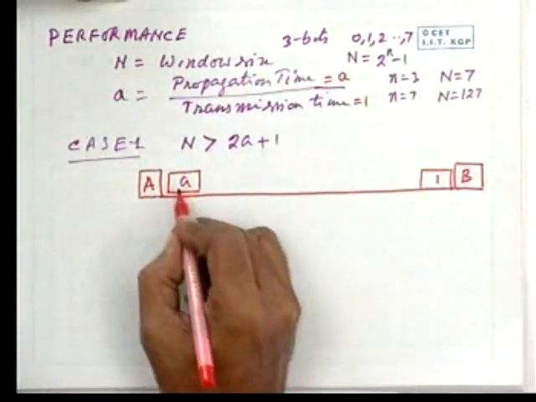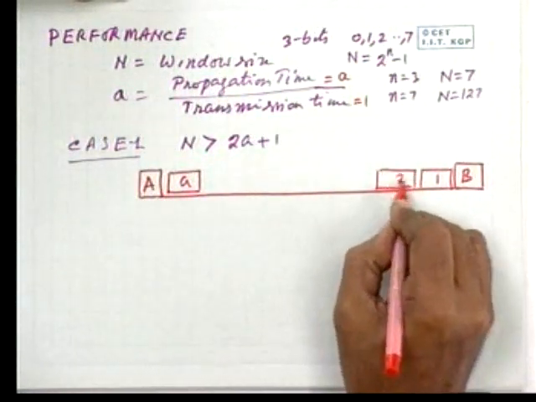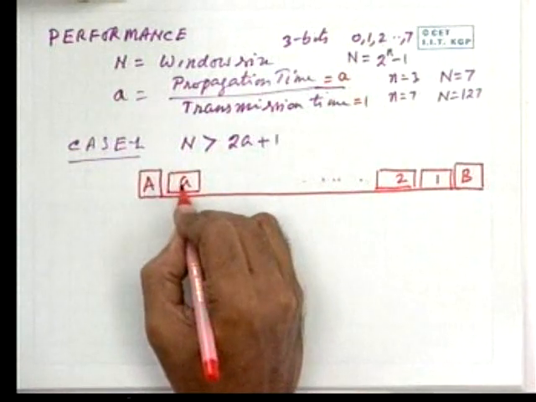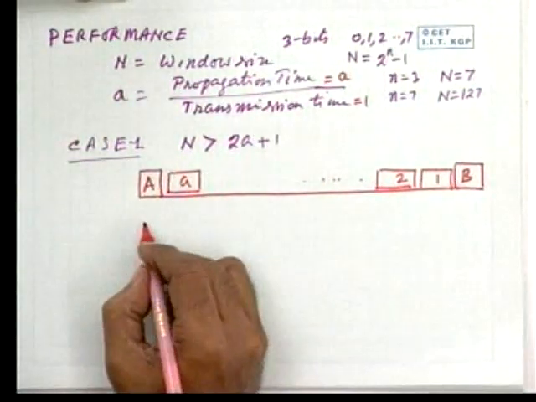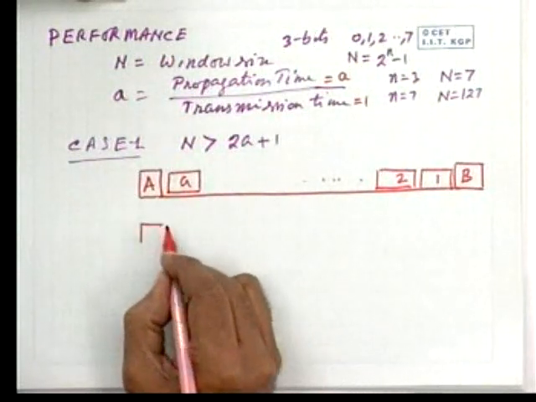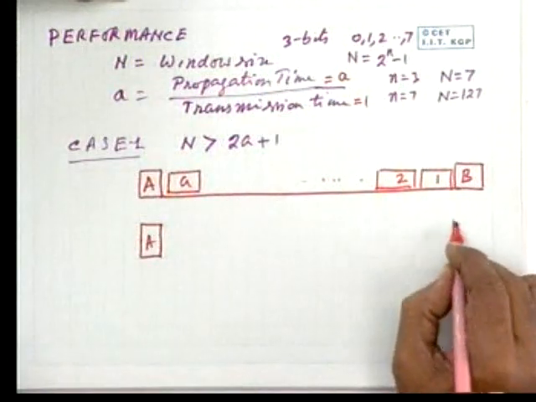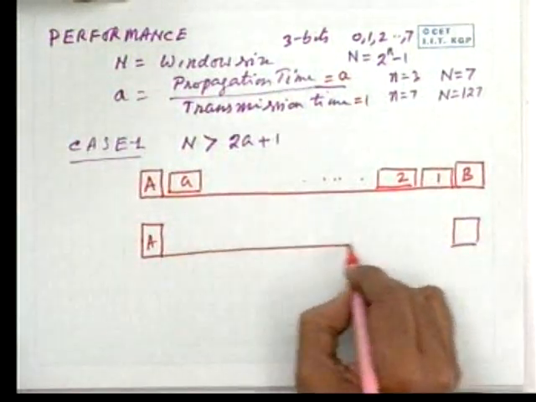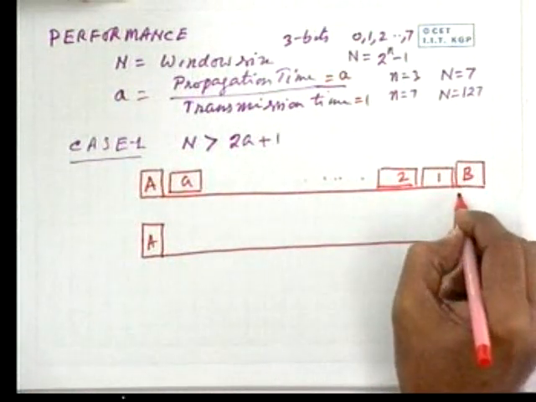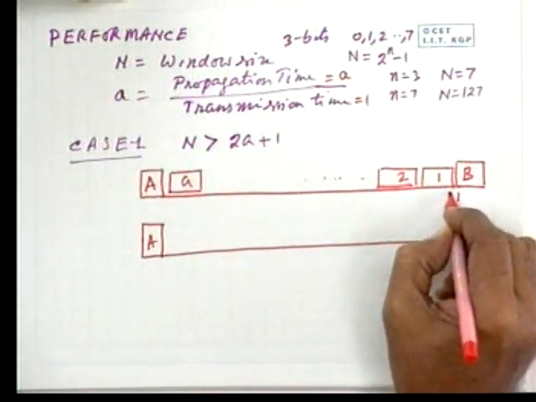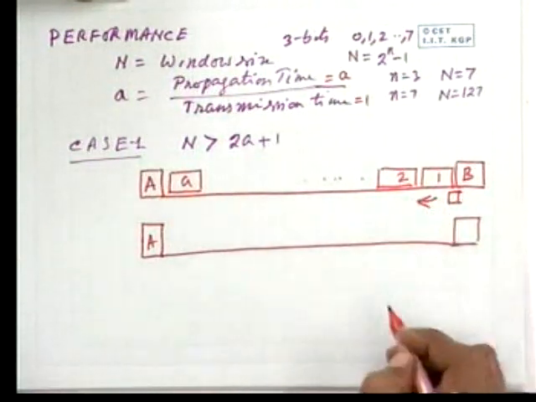frames simultaneously in transit: 2, 3, 4, in this way up to A in transit simultaneously. Similarly, after the end of A frames, the receiver will receive the first frame and it will start sending an acknowledgement frame, which will start propagating in the reverse direction.